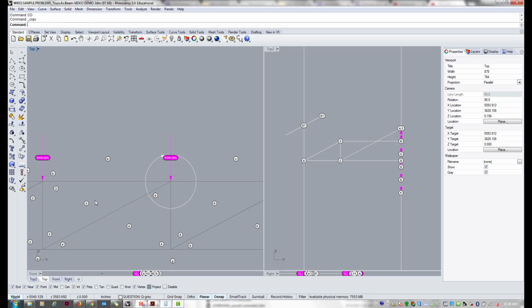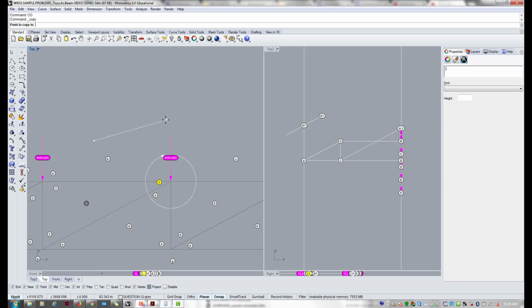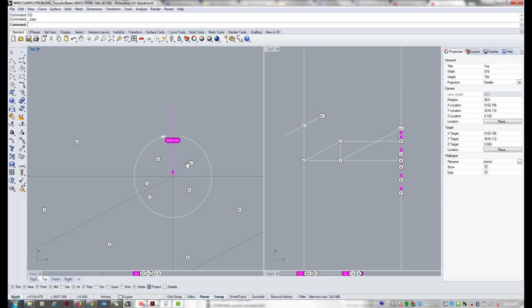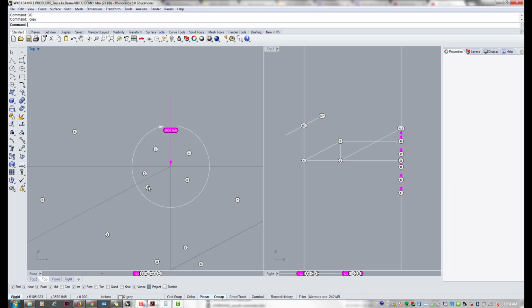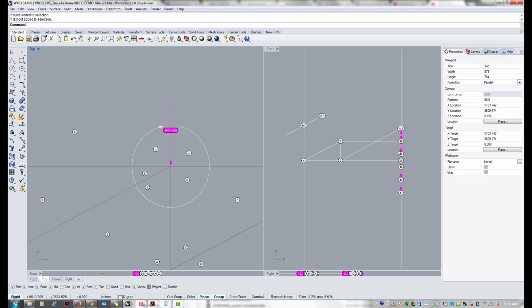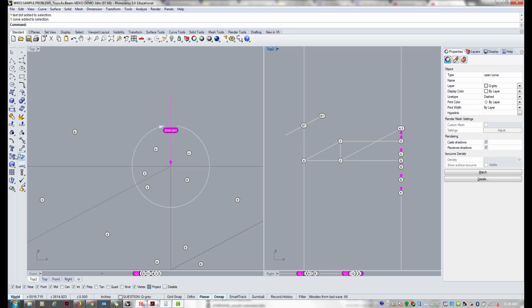Again, 4, 3, B, C, and 5. Alright, so for 3 we have here 3B, we've located it. BC, we've located it here. C5 is the horizontal line. That's the new one.